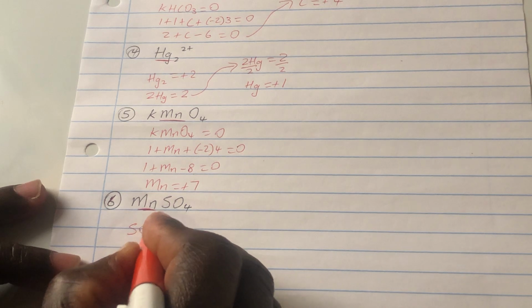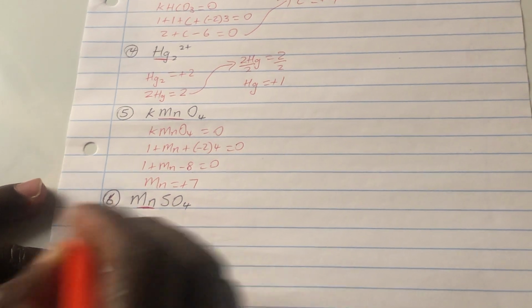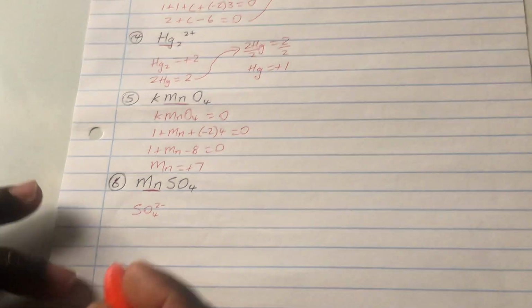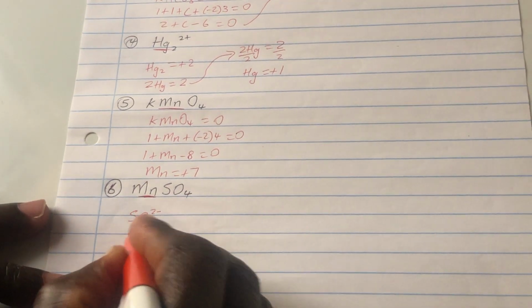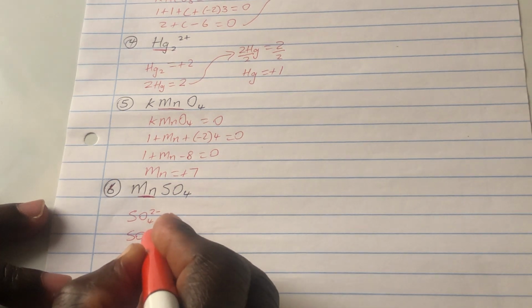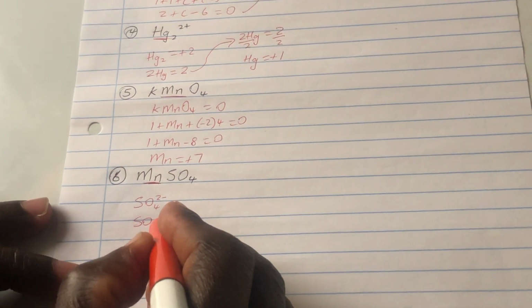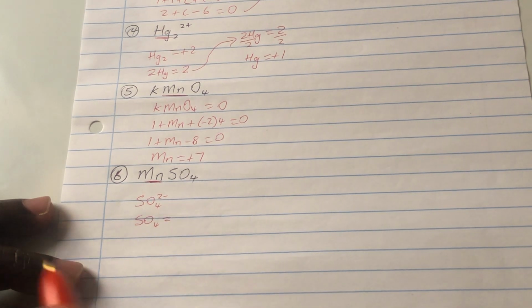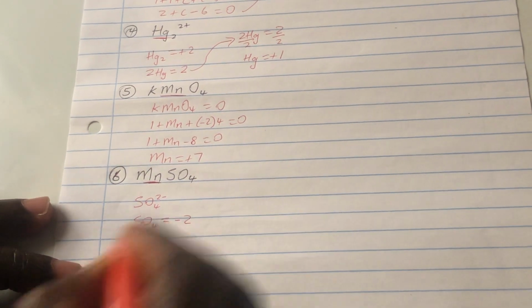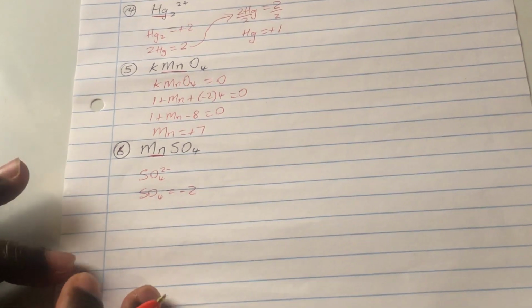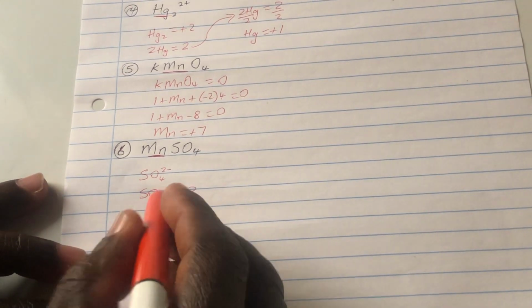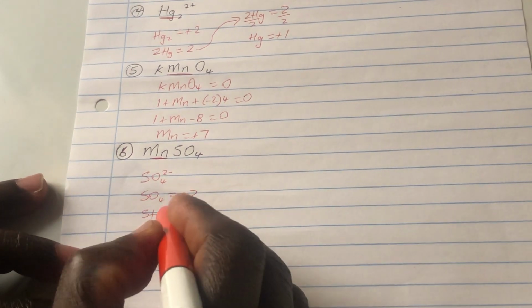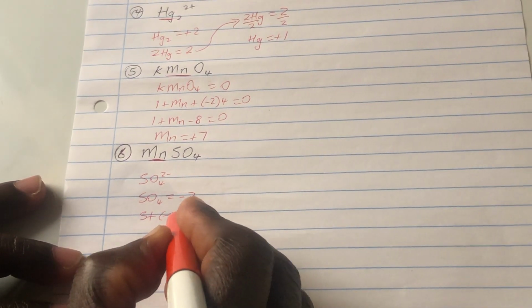SO4 2 minus is the one that I've taken from the book. This SO4 will be equal to minus 2. Then substitution: S plus oxygen, minus 2, times 4.